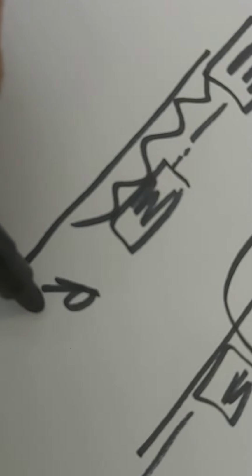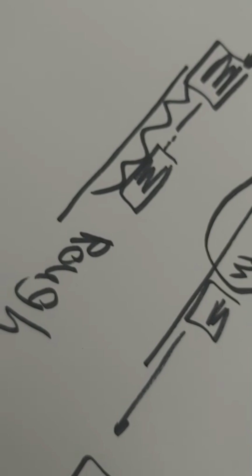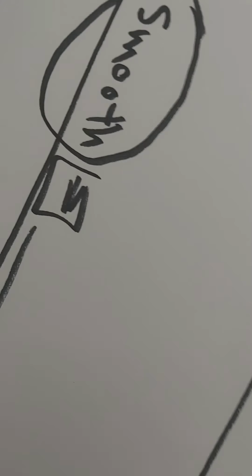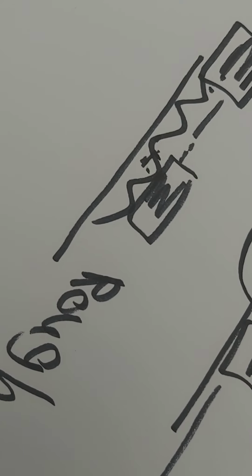And with smooth, for example, if we have a box here, it will move till here. So with smooth surfaces, friction decreases, and with rough surfaces, friction increases. Because the friction is high here, it will not move a big distance, but here friction is low, so it moves a longer distance than the second one.